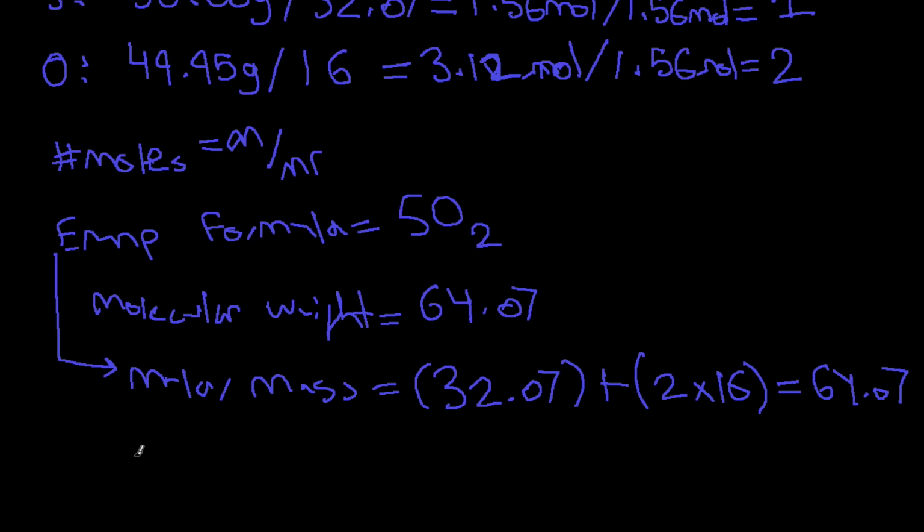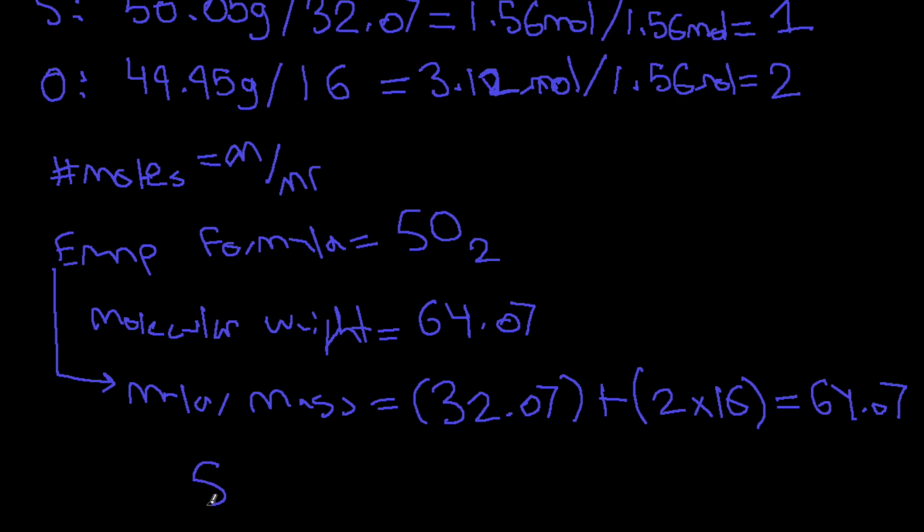We're told that the molecular formula has a molecular weight of 64.07, but we still don't know what it is at this stage. We know it's composed of sulfur and oxygen, but we don't know how many atoms of each. And we're told that this is 64.07 grams per mole.